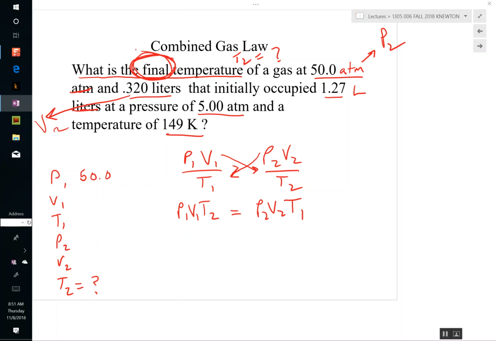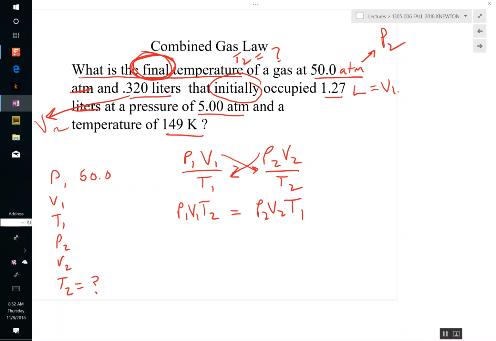What is the final temperature of a gas, T2, that's at 50 atmospheres, P2, and 0.320 liters, V2, that initially, okay, now this is starting to point to condition number 1, initially occupied 1.27 liters. How do I know that's a volume?